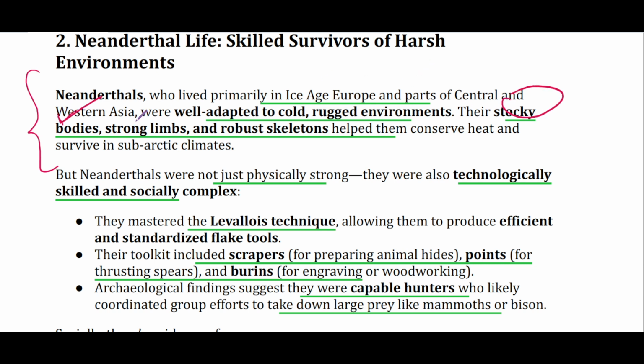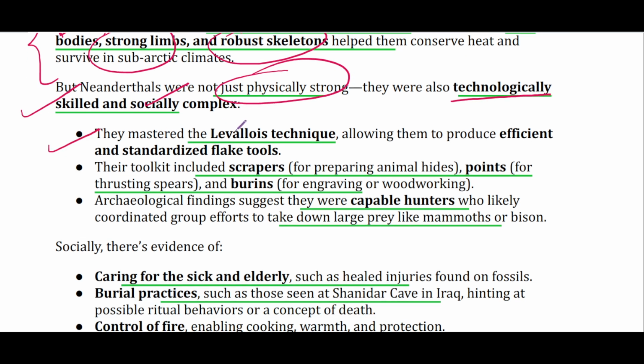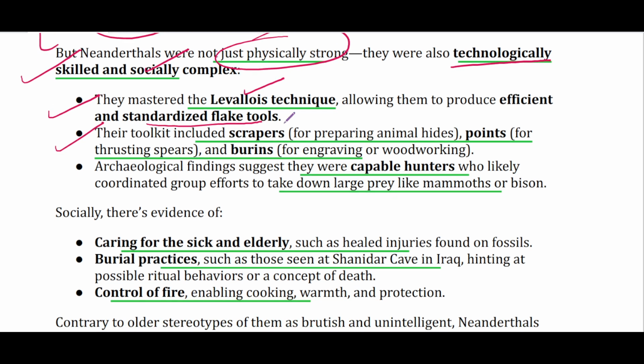They had stocky bodies, strong limbs, short limbs, and robust skeleton. And their physical stature also suggests they were engaged in physically laborious tasks. And they were not just physically strong, they were also technologically skilled and socially complex. First, they mastered the Levallois technique for making efficient and standardized flake tools, and their toolkit included scrapers, points, and burins.